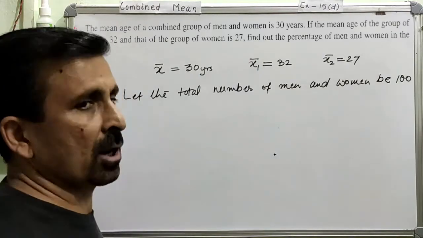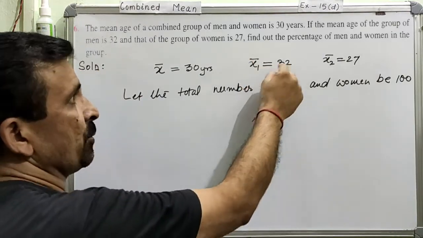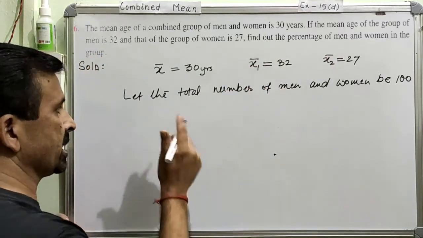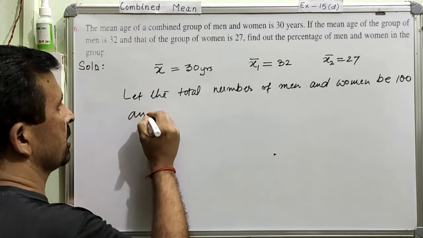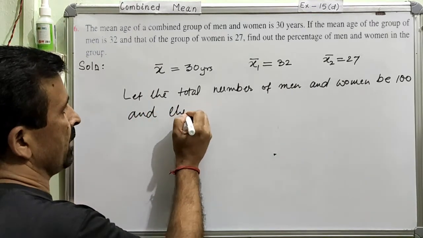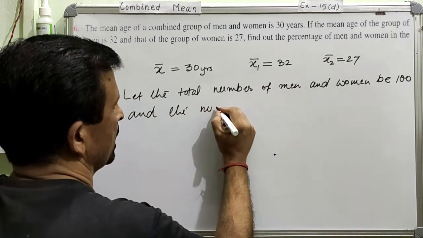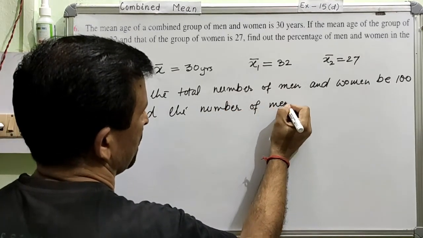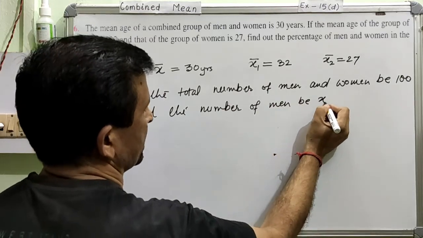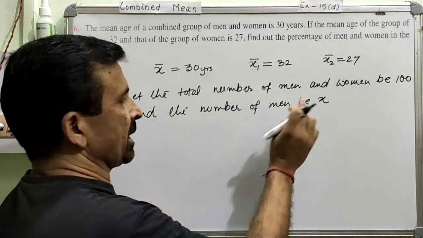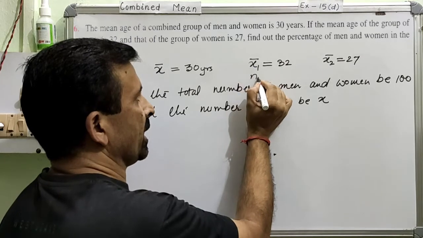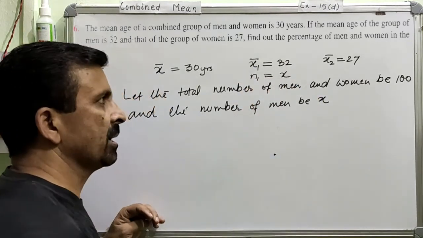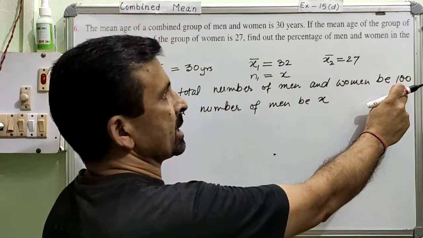But this alone will not solve your purpose. You have to assume for at least one of them. So let us assume the number of men to be x. Now after assumption, you got the number n1 for the number of men, which is x. Now the total number of men and women is 100.